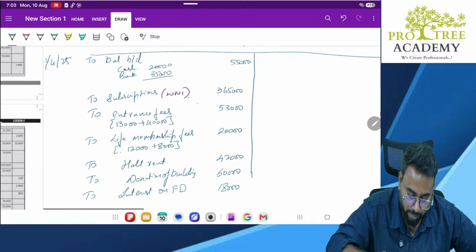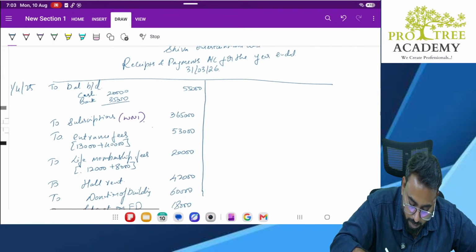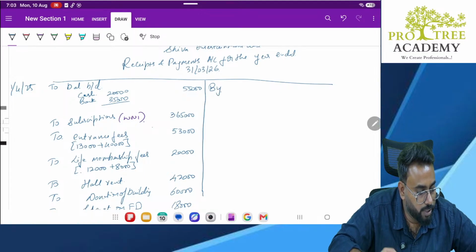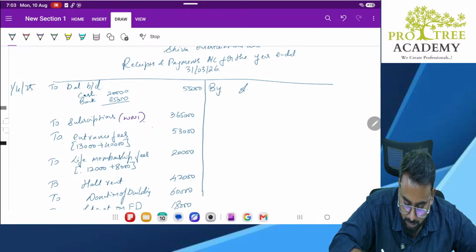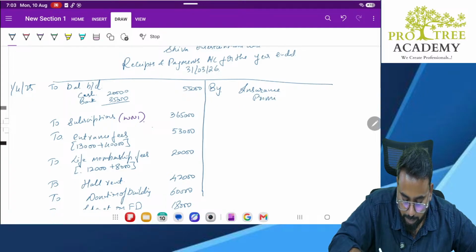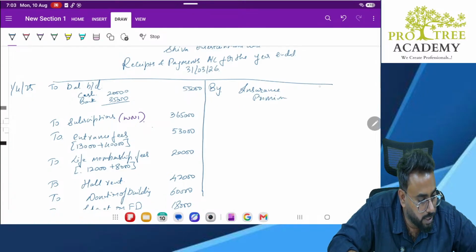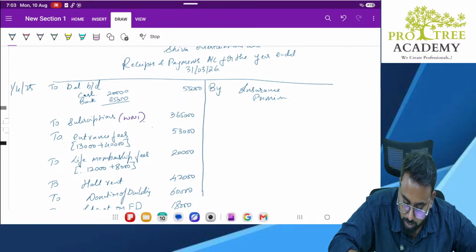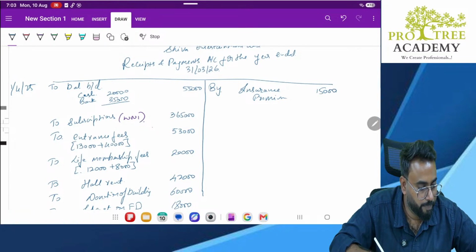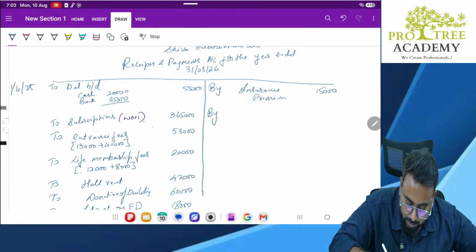Now let's go to the payment side. By insurance premium. First check whether insurance premium has come anywhere else again. No, only one, right? Yes. So directly we can write 15,000. Next, by printing and stationery.